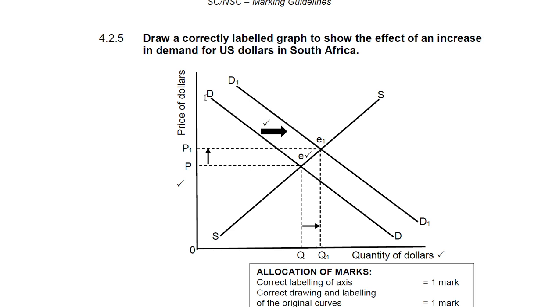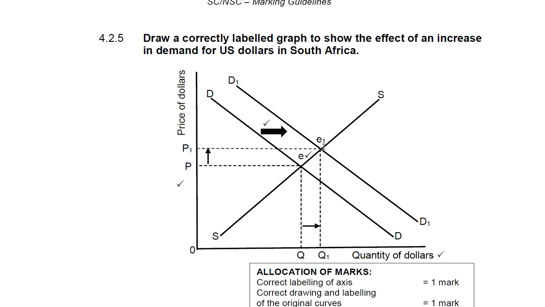As I've already explained, you need to have two D lines because we are showing the effect of an increase in demand. So we have D and D1, which shows the increase in demand. The first one will intersect here, and that will be your line of equilibrium. So the first line of equilibrium is showing the initial quantity versus the initial price.